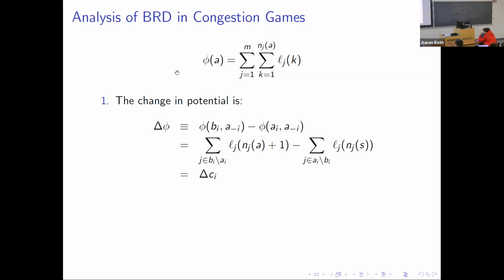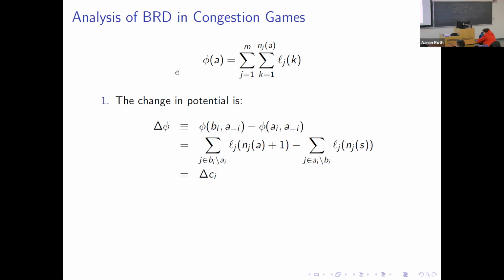And then there's another kind of facility that has had the number of people playing on it change. It's the facilities that player i moved off of when he changed his action. Previously, when he was playing action Ai, there were nj of A people on that facility. Now that he's switched his action to something that does not contain facility j, the number of people playing on that facility has decreased to nj of A minus 1.